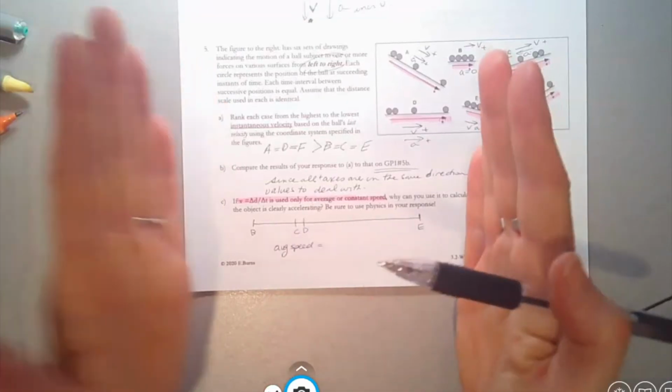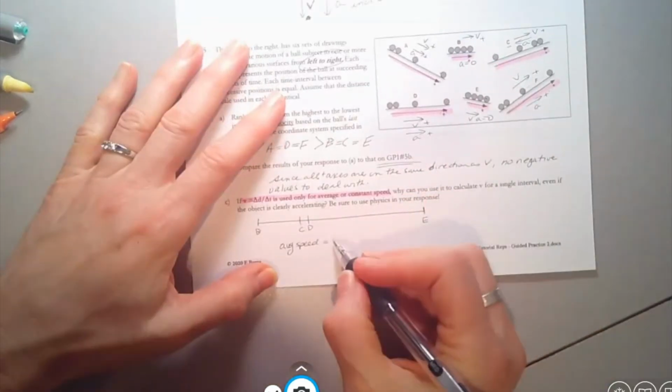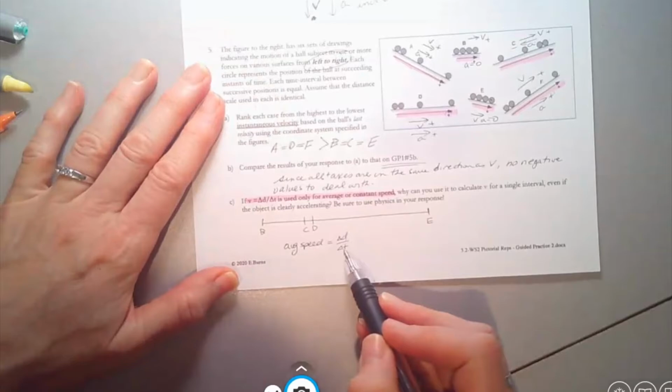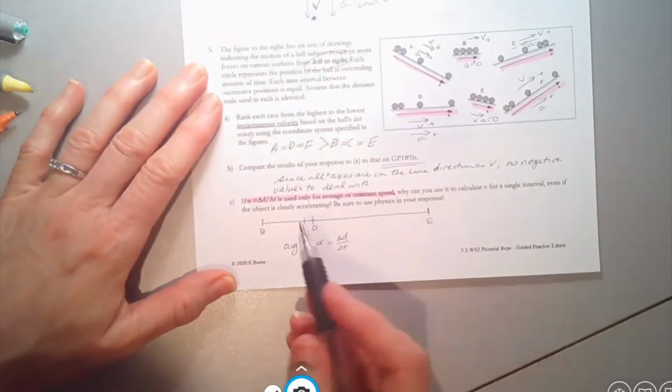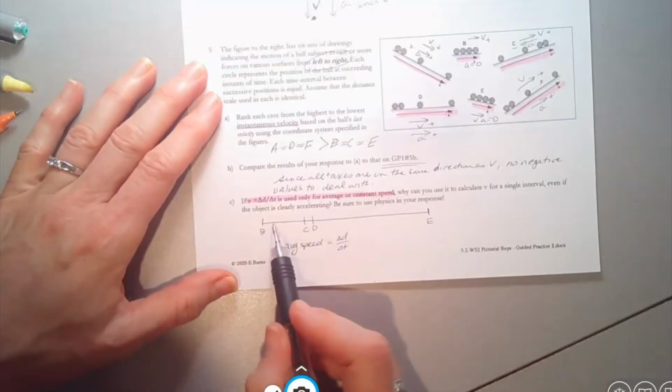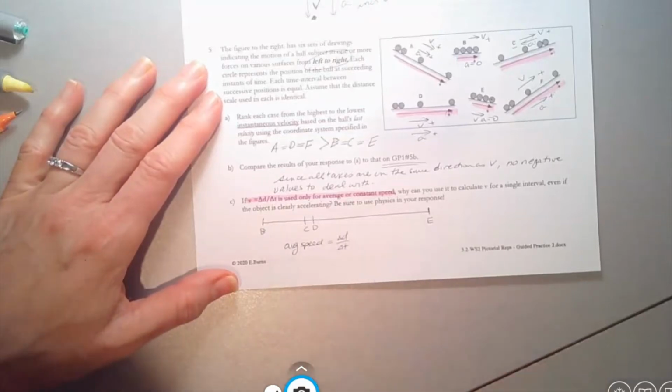So when it's a big distance and a big time, probably in reality you're only going at that speed occasionally. Sometimes you're faster, sometimes you're slower.